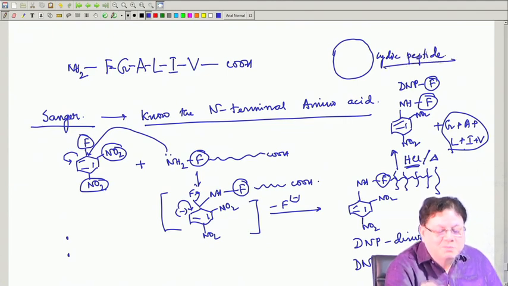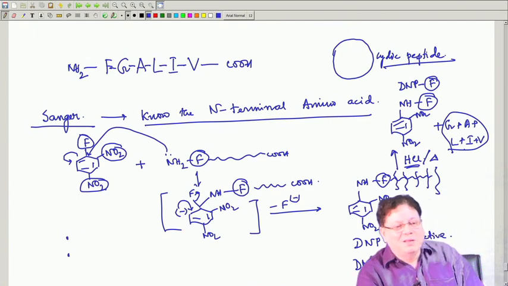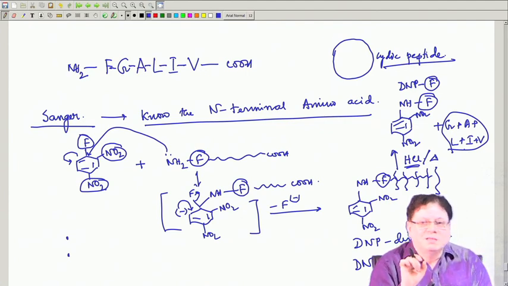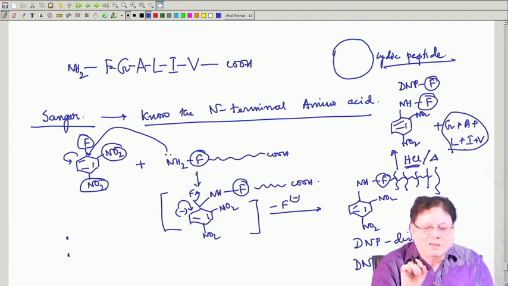So, Sanger's method can immediately tell whether a peptide is cyclic or has a nitrogen which is blocked, which does not react with this dinitrofluorobenzene. So, that is why it is very important.